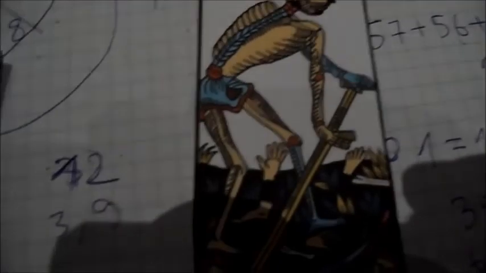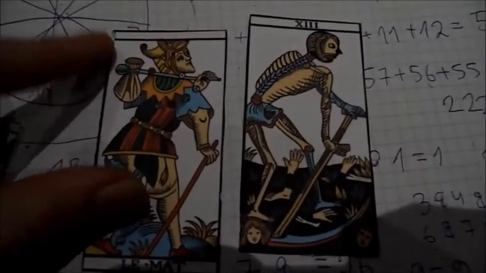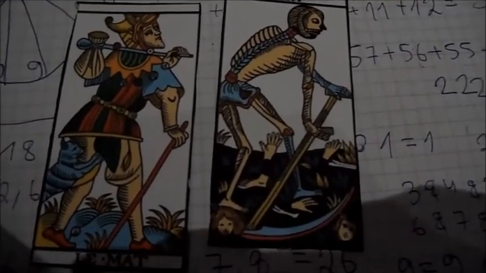Remember that, we don't have a 0 in this tarot. He's just numberless, he hasn't got a number. He's got the name Lemat. And number 13 in the original tarot has got no name. So we got the numberless and the nameless.